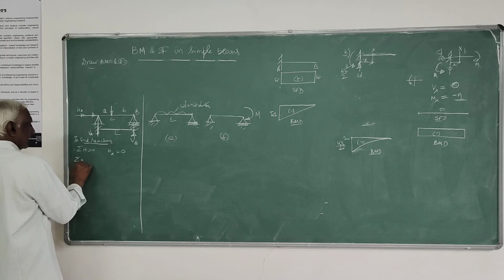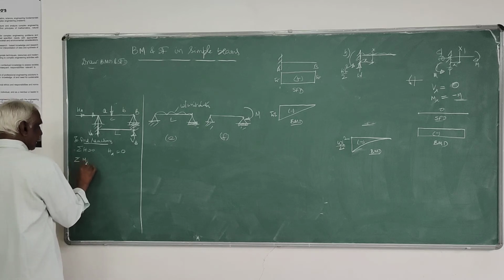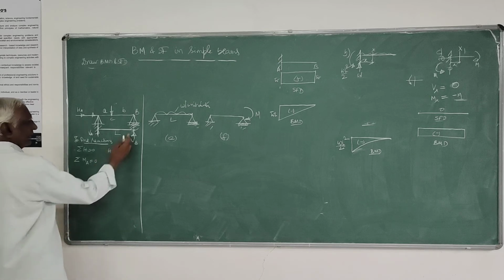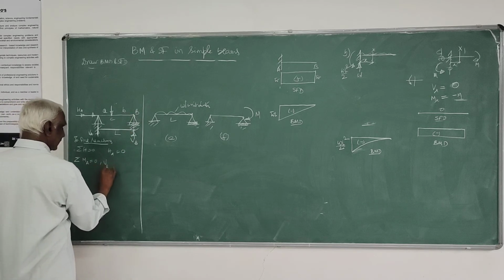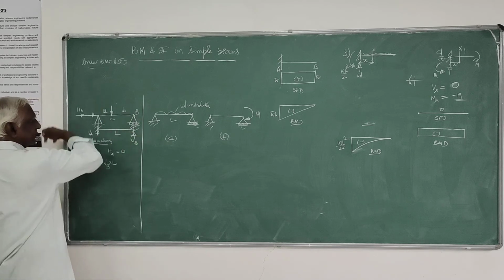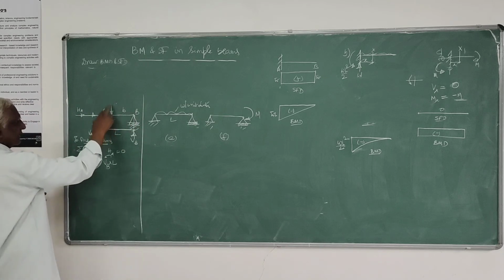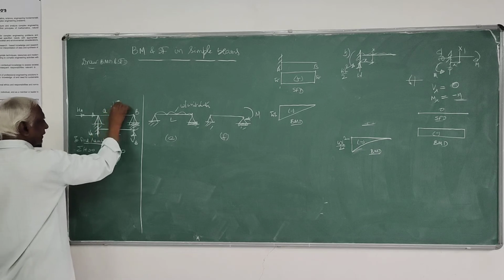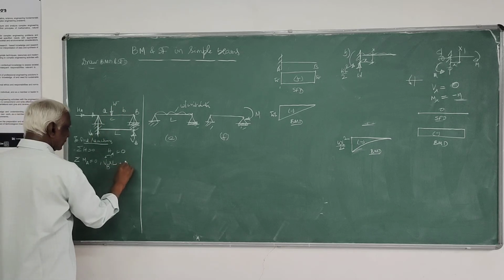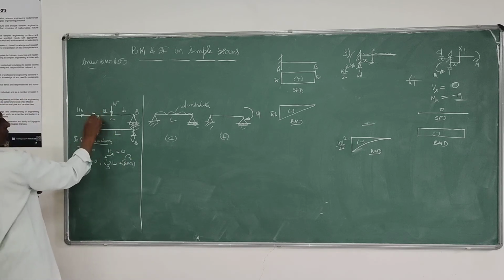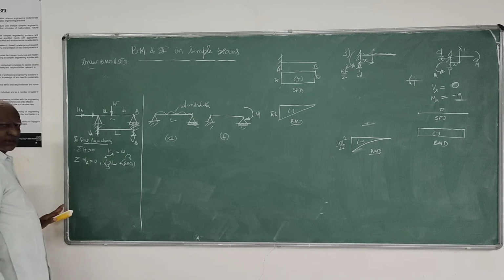Then if you take sigma M about A equals 0, VB into L is anticlockwise. Then W into a is clockwise. The other two pass through A itself, so they will not give any moment.